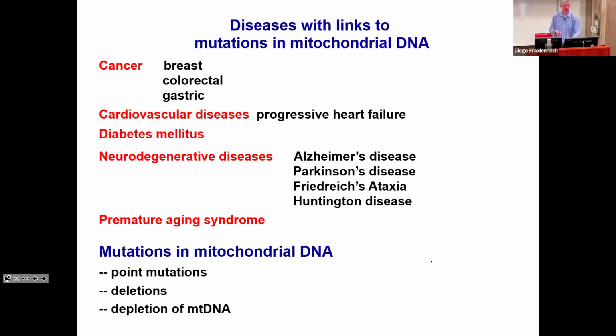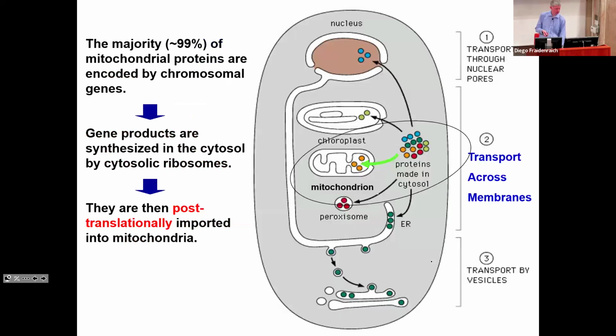So you see a lot of different ways: point mutations, deletions, depletions. Okay, so this was mitochondrial DNA, where just a couple of proteins are encoded.